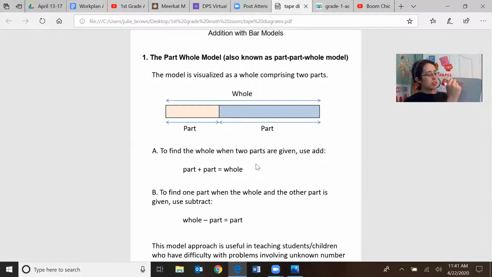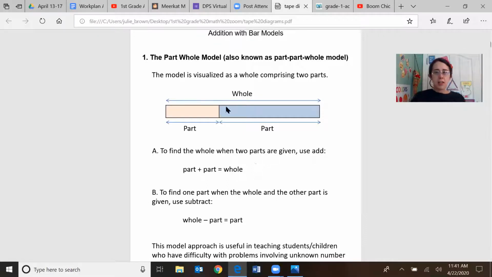Here I have 4 circles, and that helps me to make my part of 4 the correct size. And if I have 5 X's, it will help me to make this bar just a little bit bigger, since 5 is just a little bit bigger than 4.